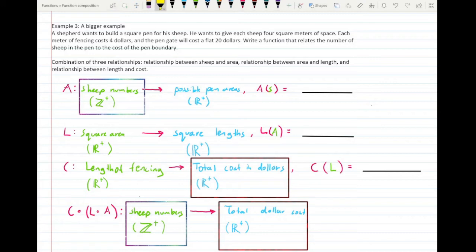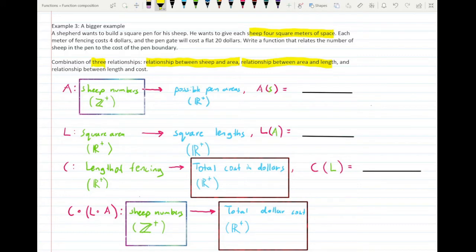Now, the first thing to notice here is that this is actually a combination of 3 different relationships. Each one is more direct than the complicated relationship we're going after at the end. We first have the relationship between sheep and area, right? Each sheep needs 4 square meters of space. We then have the relationship between area and length, which is just a geometric property of squares.